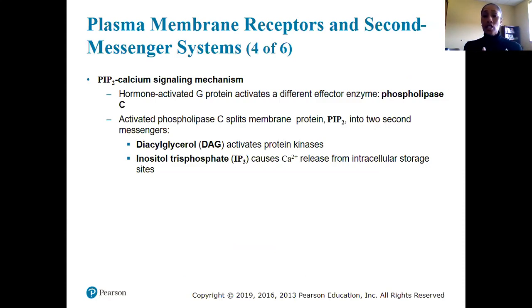We're going to activate a G protein, but then we're going to activate a different effector enzyme called phospholipase C. The activated phospholipase C will split the membrane protein, PIP2, into two second messengers that we see here.